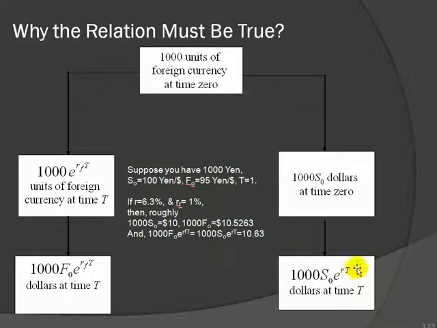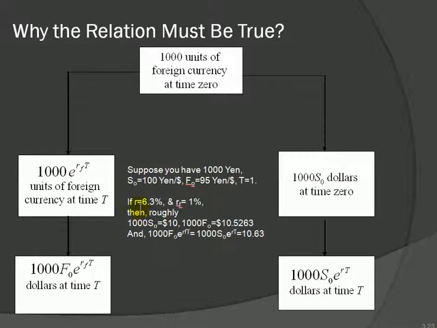Okay, I put some example here. Suppose you have 1,000 yen and the current exchange rate is 100 yen per dollar, whereas the future exchange rate is 95 yen per dollar, and assume that time to maturity is 1.